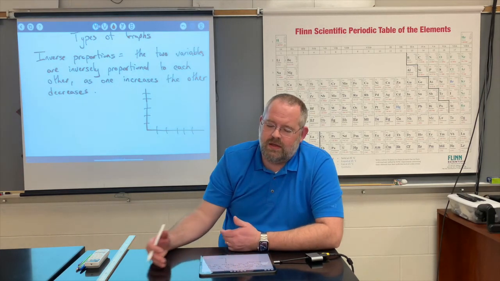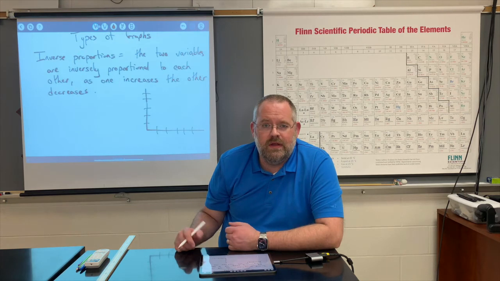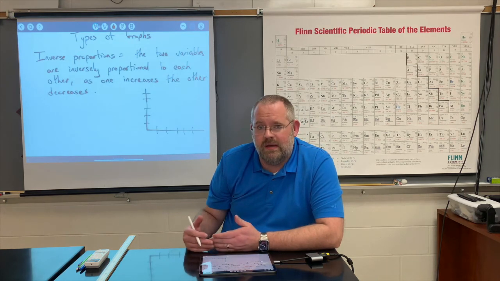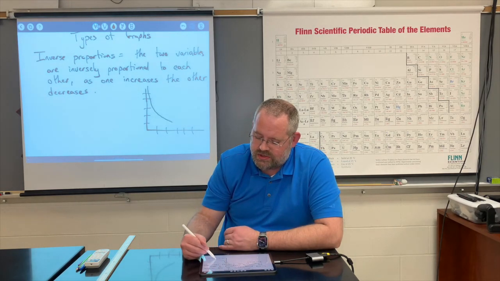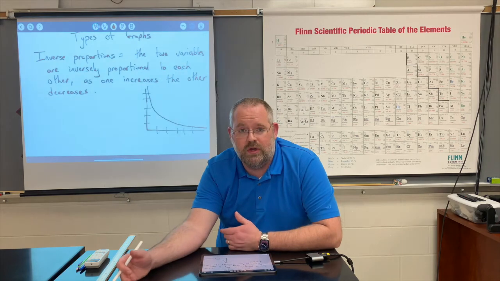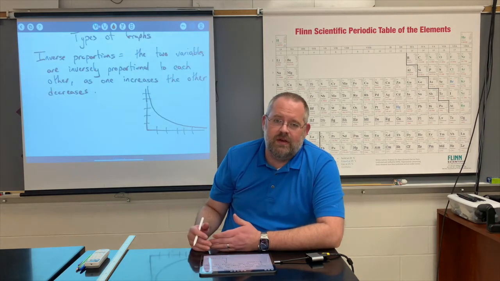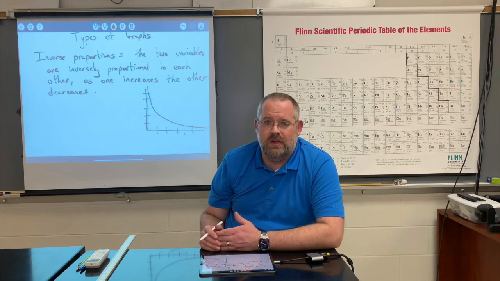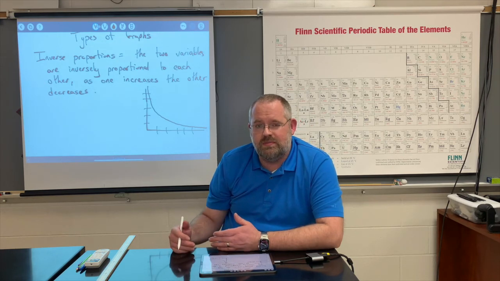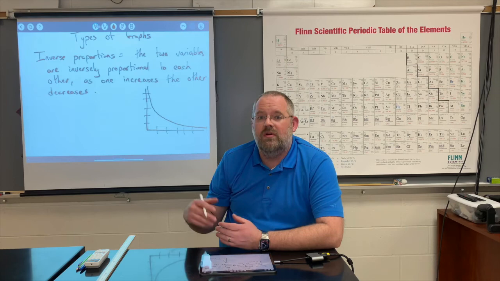As I take people away, then that time would increase. So on a graph, we see this relationship. As one goes up, the other goes down. If I increase people, the time to dig the hole goes down. If I decrease people, the time to dig the hole goes up.